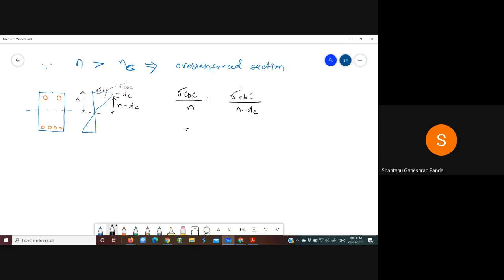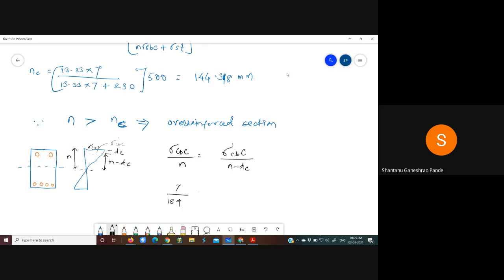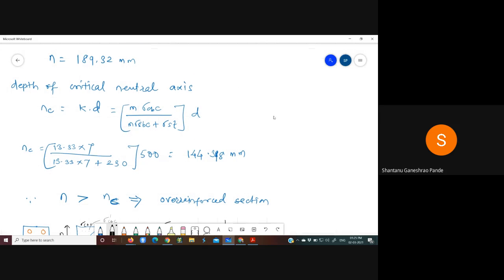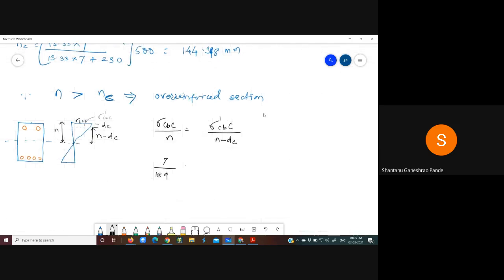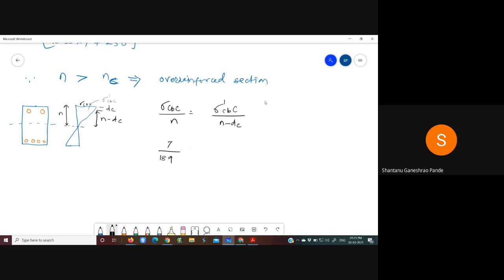So sigma CBC is 7, N value is 189.32, the exact N value. So 7 divided by 189.32 equals sigma dash CBC divided by N minus DC, where N is 189.32 and DC value is 48.